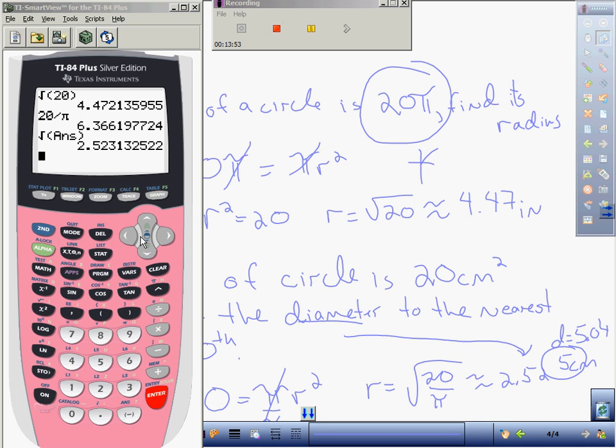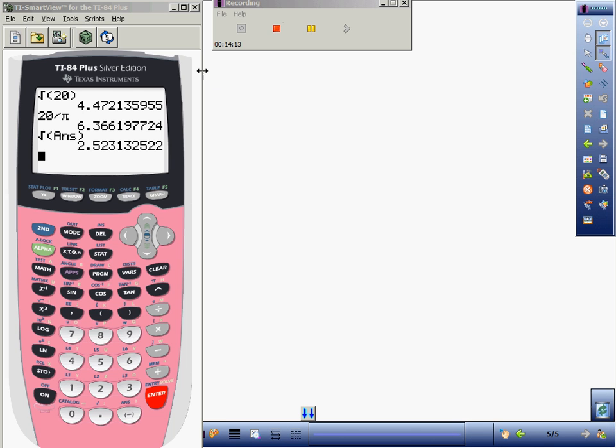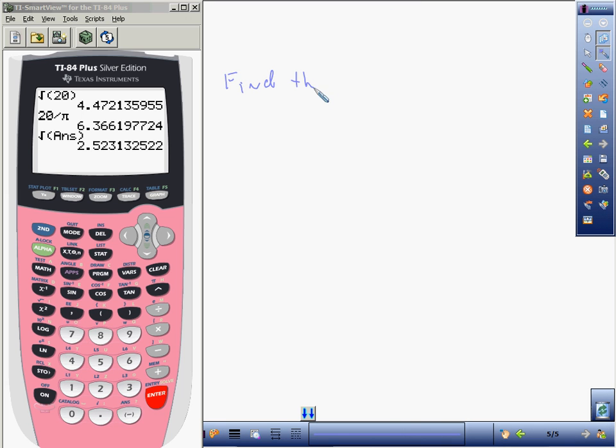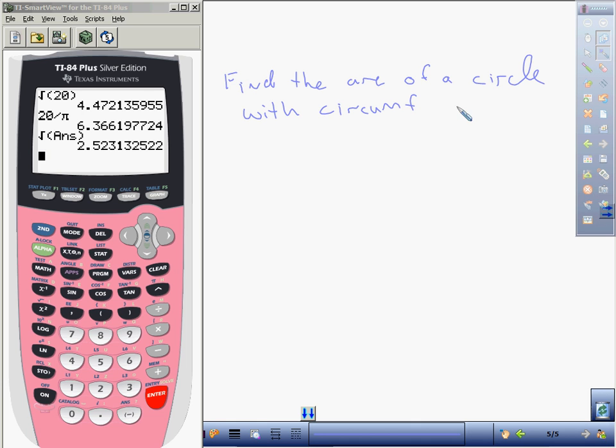All right. Last one. To have something like this. Find the area of a circle with circumference of 10 pi.